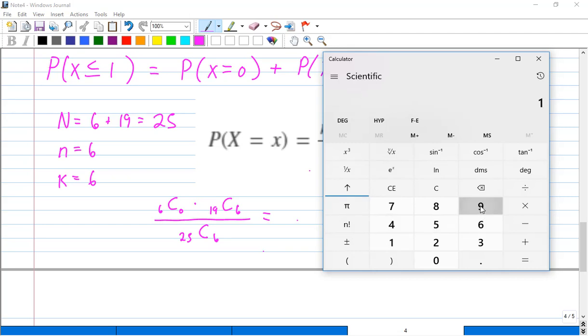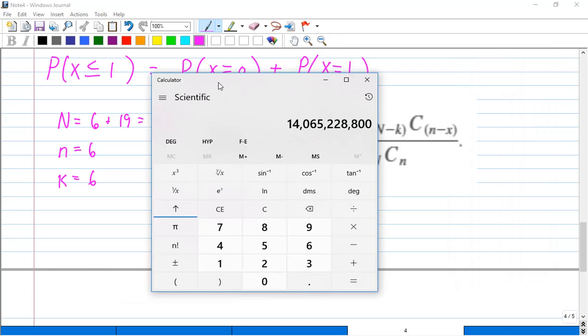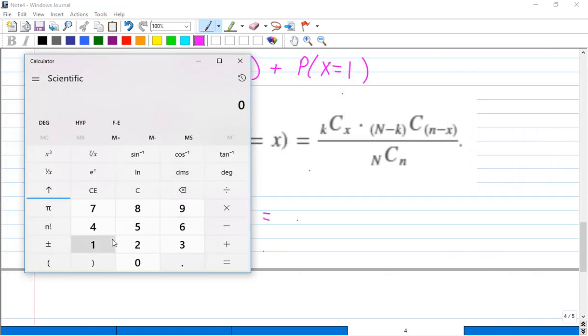Then 19C6, that's 19 factorial divided by 13 factorial divided by 6 factorial. All right, so 27,132.